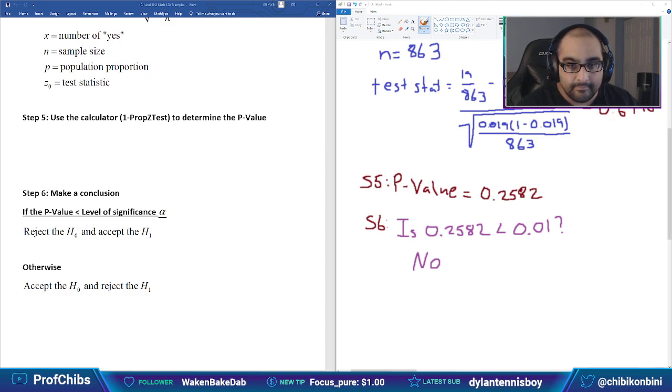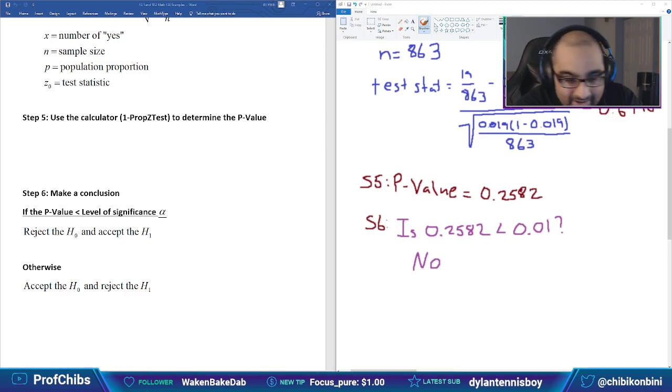Let's see if that works. Actually, kind of curious now. I guess I can't do that. Alright. I made a mistake. Accept the null and reject the alternate.